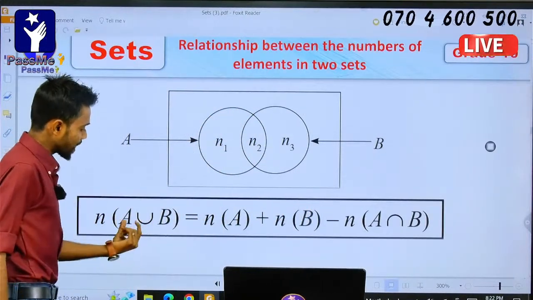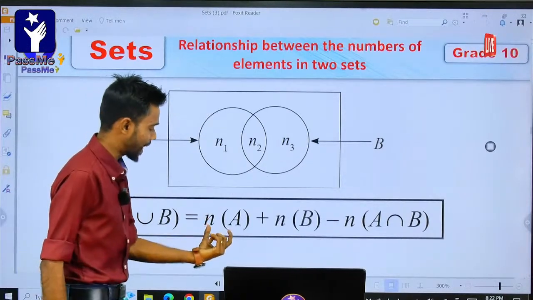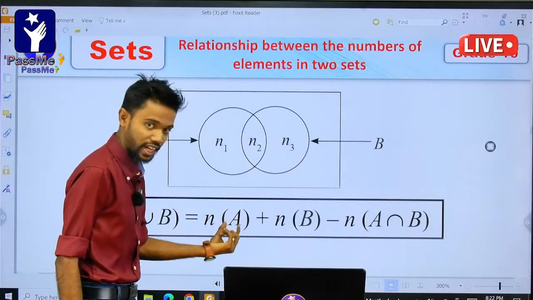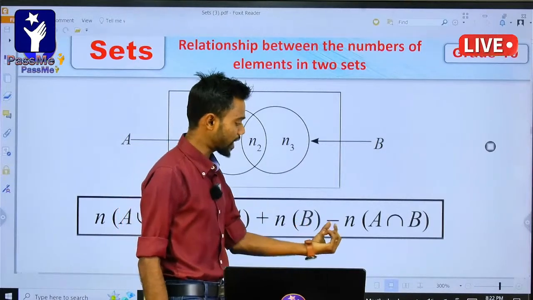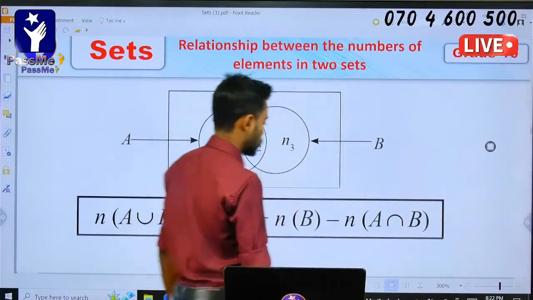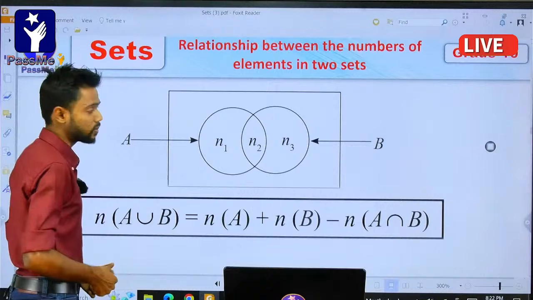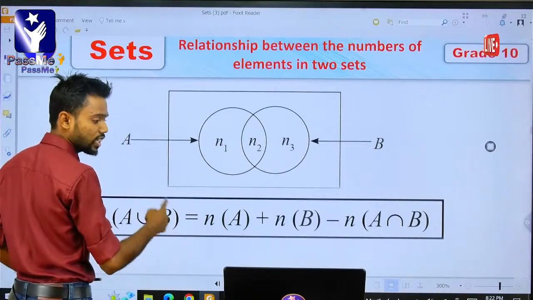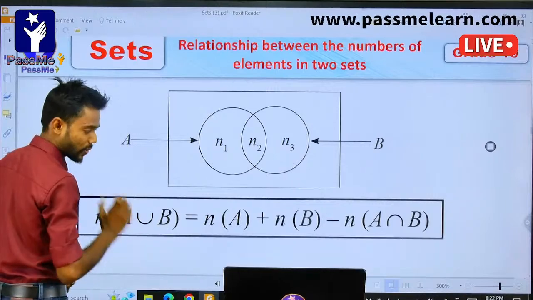n(A union B) is equal to n(A), the number of elements of set A, plus n(B), the number of elements of set B, minus n(A intersect B), the number of elements of A intersect B. You know the meaning of union, which I already discussed. Union means all the elements inside A and B, right?